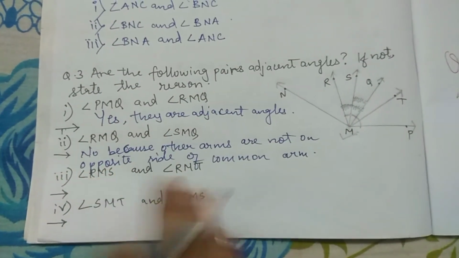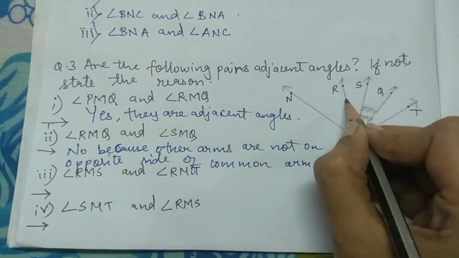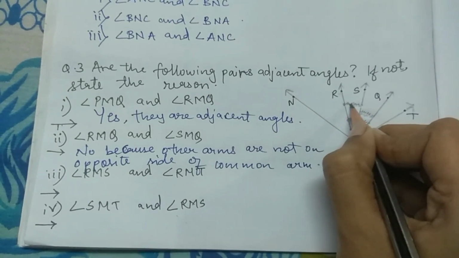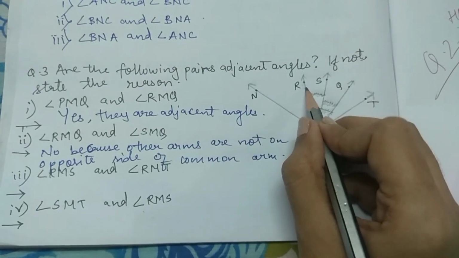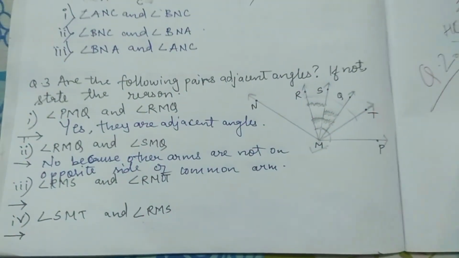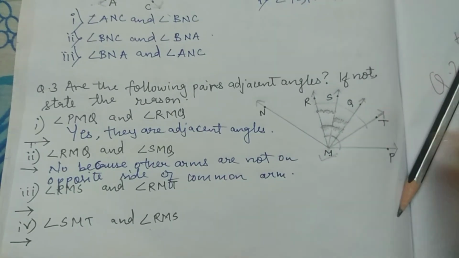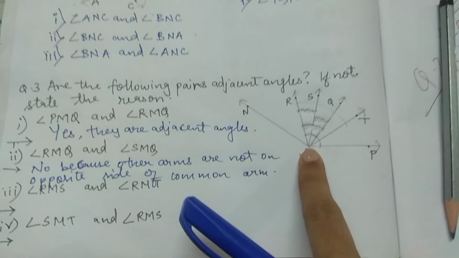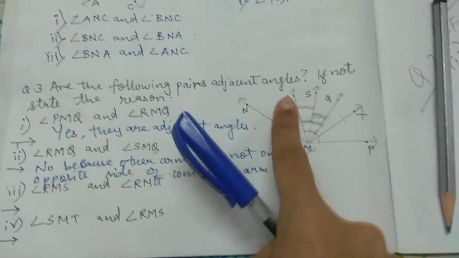Next, RMS and RMT. RMS, this one. Okay, and RMT, this bigger one. RMS and RMT. So again, the common vertex is M, one condition satisfied. MR is the common arm, second condition satisfied. But the third one, MS and MT are both on the same side of the common arm.